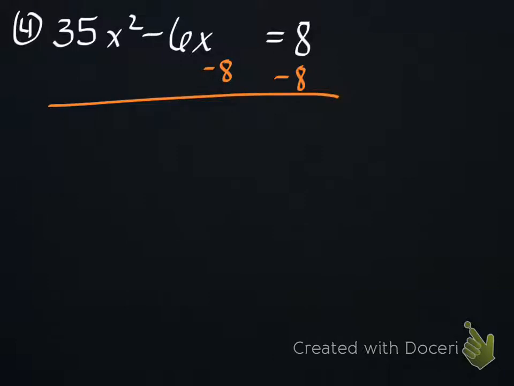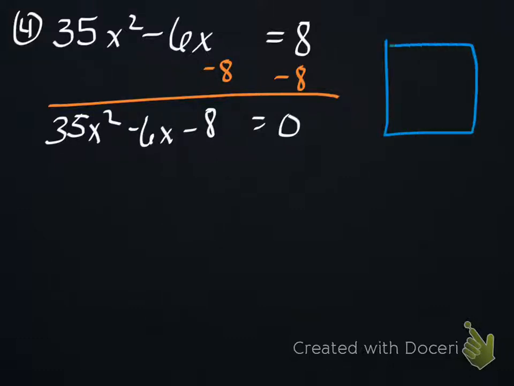And so that leaves me 35x squared minus 6x minus 8. Now I'm going to use my box. This time I have to do 35 times 8. And what number does that come up with?